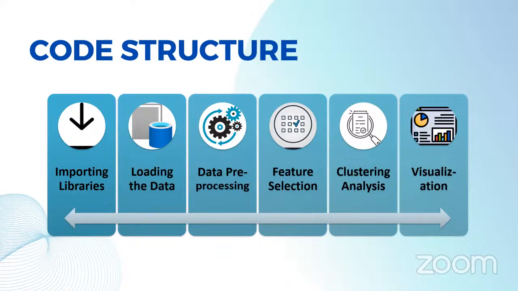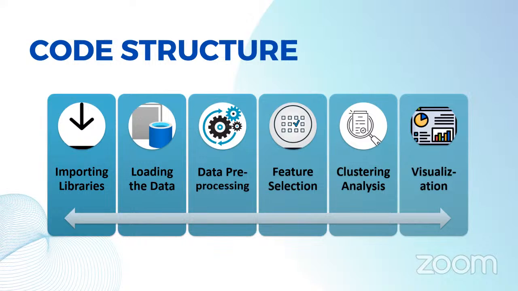Let's see what the code structure of this algorithm is. First of all, we need to import the libraries. Then we need to load the data. Then the data is pre-processed, followed by feature selection, cluster analysis, and visualization.